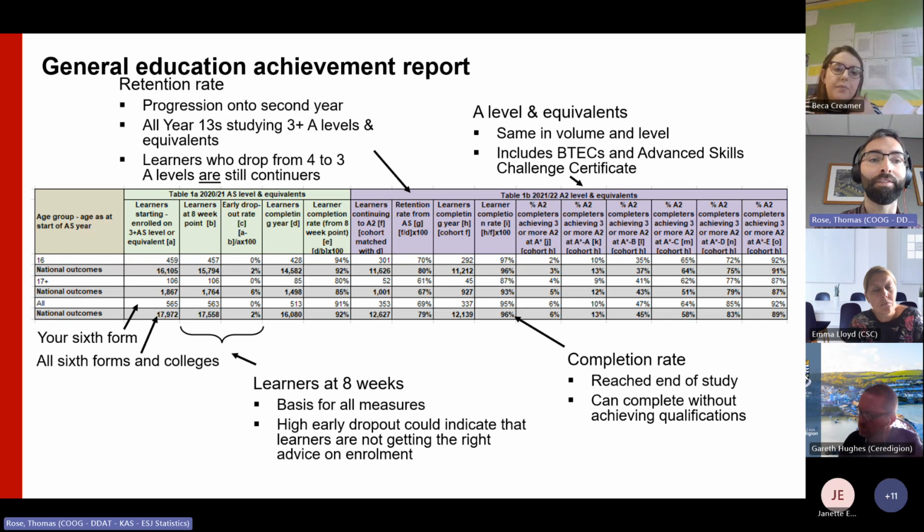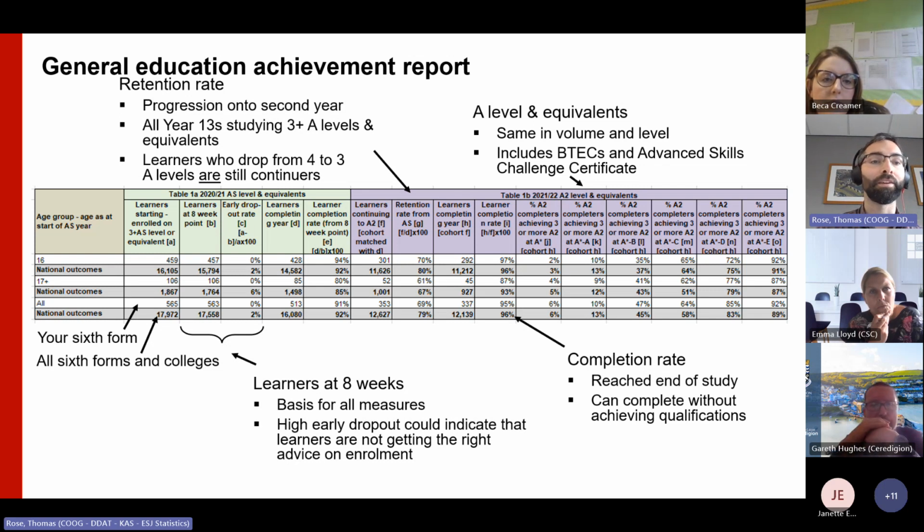So we have the learners at the 8-week point, then we have the learners completing their AS and the AS completion rate, which is based on the learners at the 8-week point. After that, we have the retention rate. So this is the progression from the AS onto the second year into year 13. However, it's just whether they are still taking their A levels in year 13.